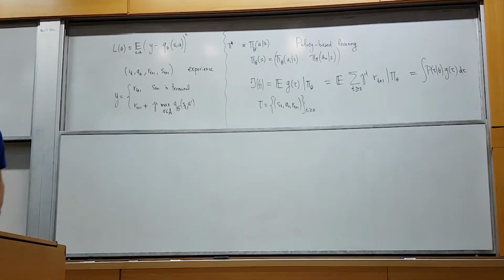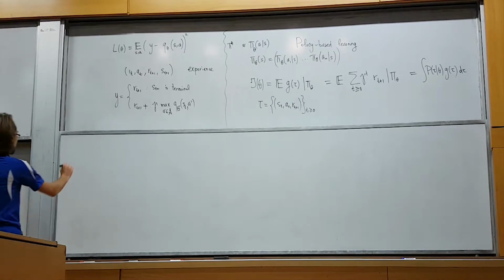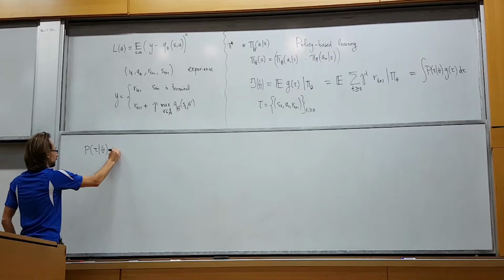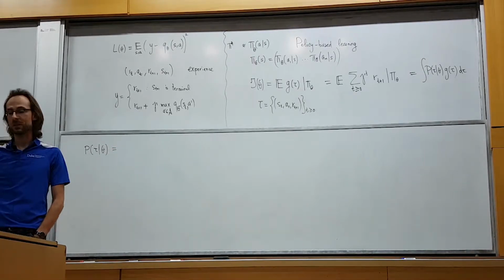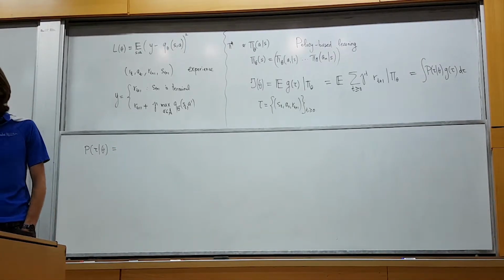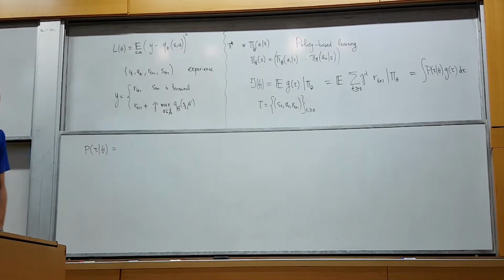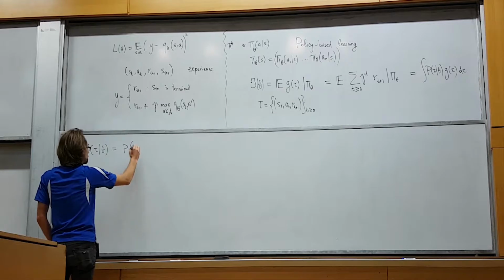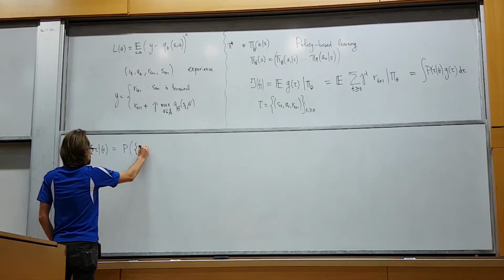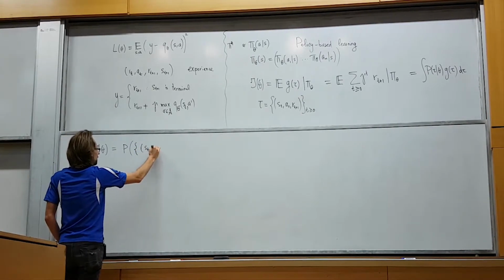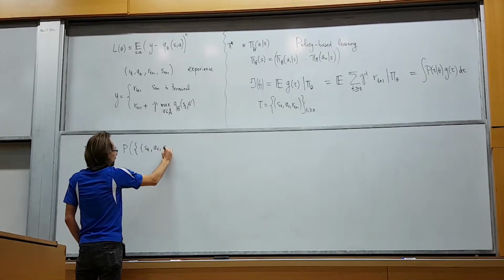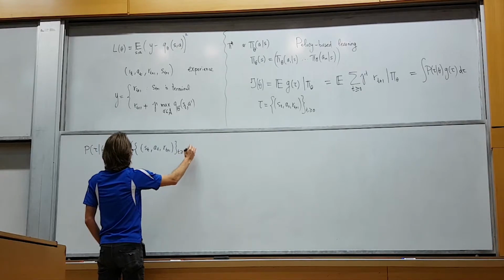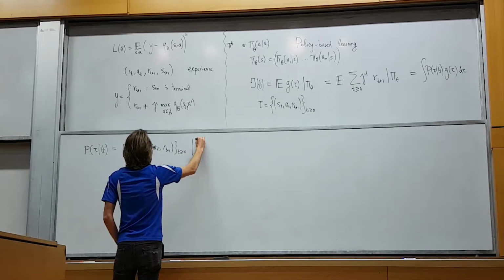Okay, so let's compute p tau given theta explicitly, this conditional probability. We have a Markovian process, so it's really easy to compute probabilities of a Markovian process. Essentially, we would like to compute the total probability of this sequence S t, A t, R t plus 1 given theta.